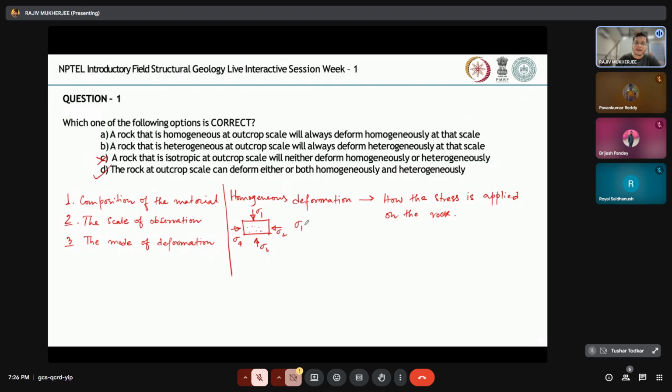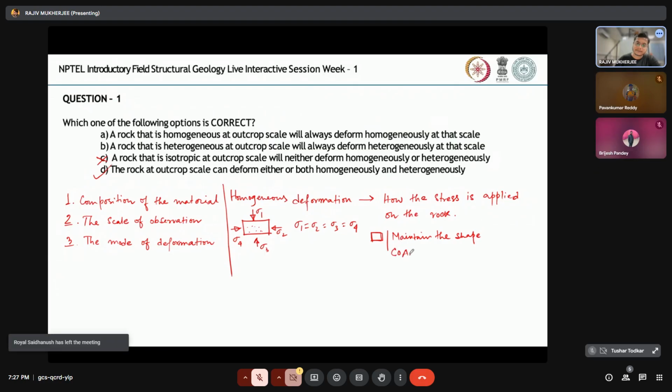So if sigma 1, sigma 2, sigma 3, sigma 4 all are equal, then eventually the material will be shrunk like this, but it will maintain the shape, not the size, sorry. Maintain the shape, and this kind of deformation is known as coaxial deformation.